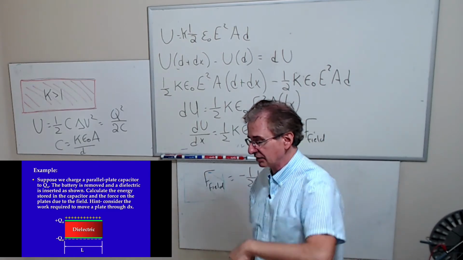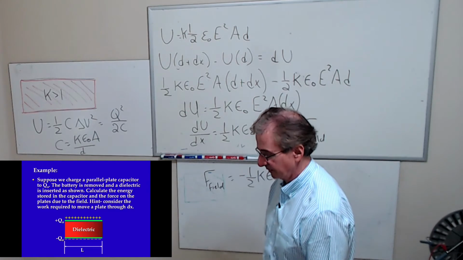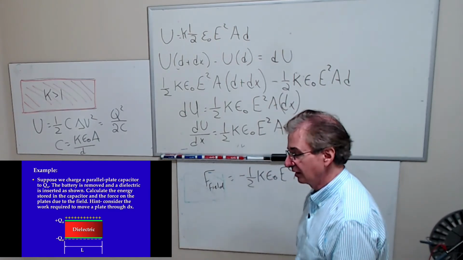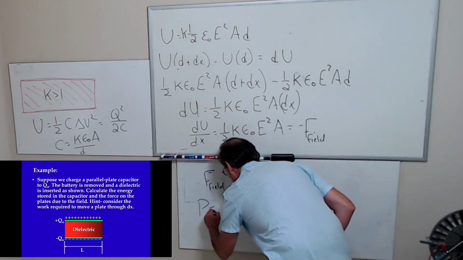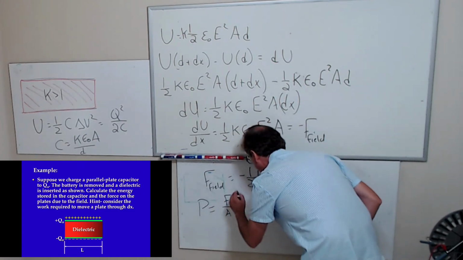That means that the plate is being attracted to the dielectric, which makes sense because the plate below it's negatively charged. Here's an interesting question. What is the force per unit area on the plate? What is the force per unit area, also known as the pressure, which is the magnitude of F over A?